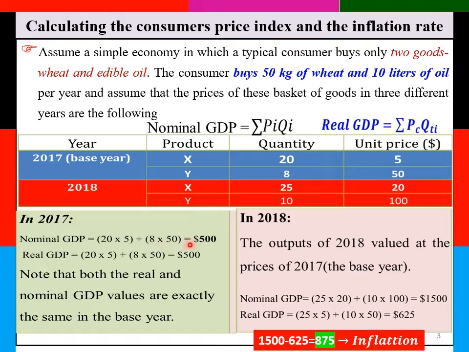Therefore, 8 times 50, $500. Real GDP: the amount of X is again 20, its price is 5, plus the amount of Y in 2017, 8, its price is 50. So 8 times 50, $500.